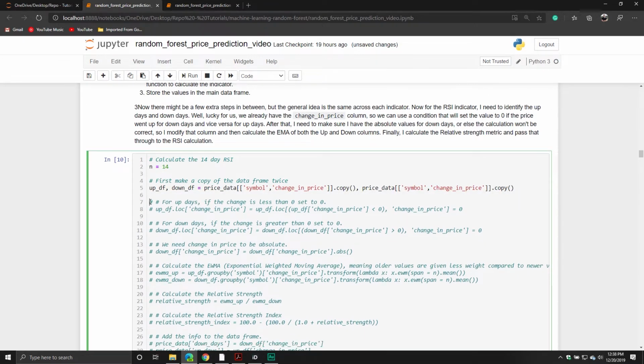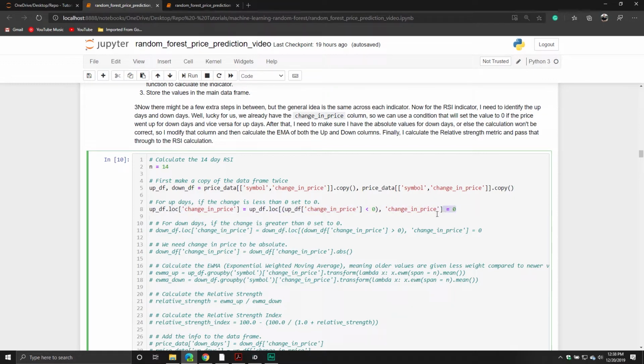Now, once we've done that, the first thing I need to do is identify the days that were the up days. And so the rule is very simple. We're going to take our up DF, and for the rows where the change in price is less than 0, I'm going to change the change in price column to 0.